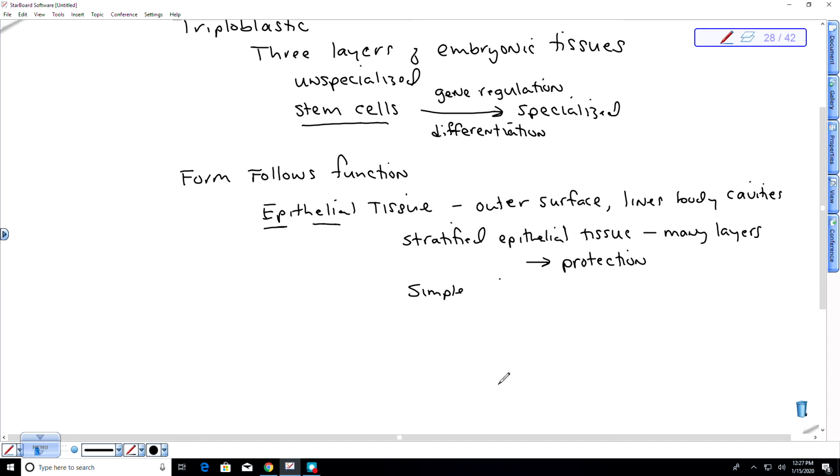Simple epithelial tissue. So this is a single layer. It's a single layer. So it is not protective.